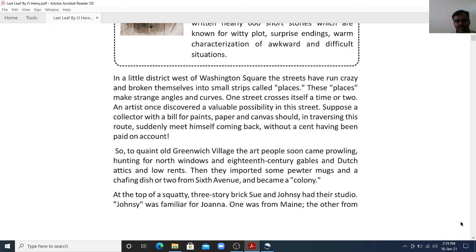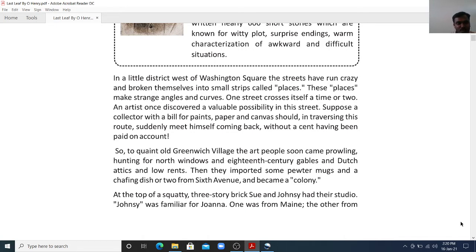So that's what a chafing dish or two from 6th Avenue means. I mean, they would buy all this from 6th Avenue. This is one of the street names in New York City, and they became a colony. So they settled in Greenwich Village. These artists come there, buy all their requirements, and settle in Greenwich Village, and that way it becomes a colony, a place of living.